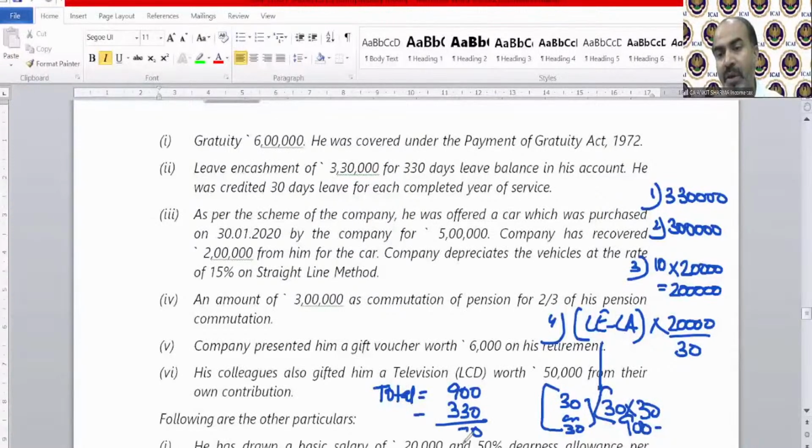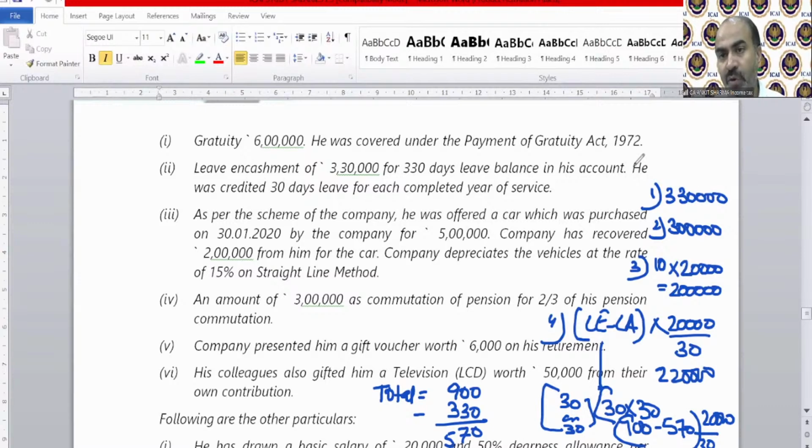So balance will be technically leave availed, that will be 570. So 900 minus 570 into 20,000 upon 30. We need to solve it, and the solution will come to 2,20,000. So the fourth point will be now 2,20,000.